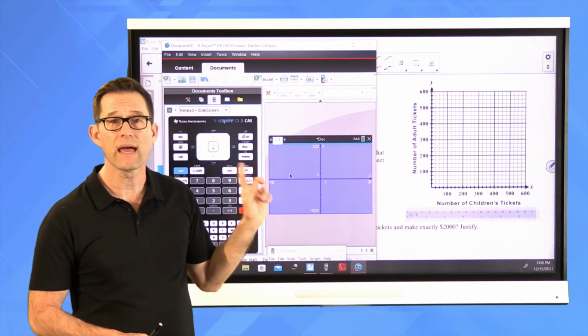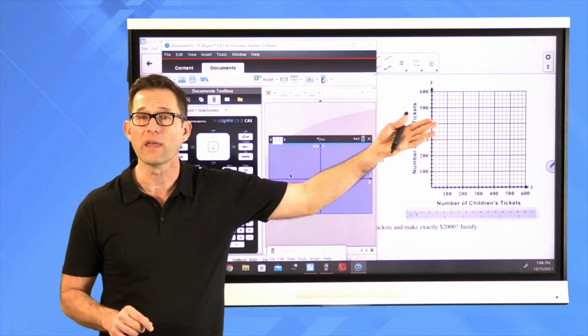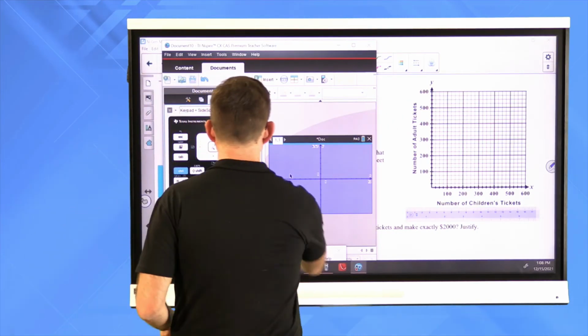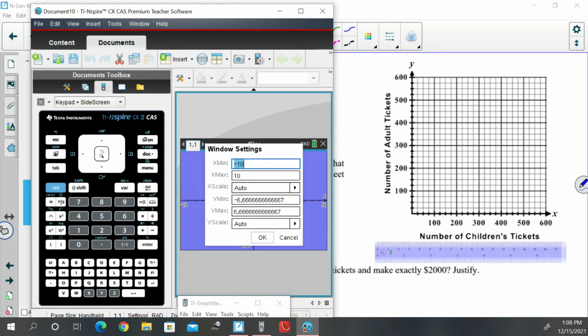So let's now adjust the window on our TI Inspire appropriately so that we can match this graph. Here we go. Menu, window, window settings. Now I'm going to make X-min -100 just so that I can see the y-axis. X-max, I'm going to go 600. And X-scale, I'm going to make 100 because that's the scale on my graph itself.